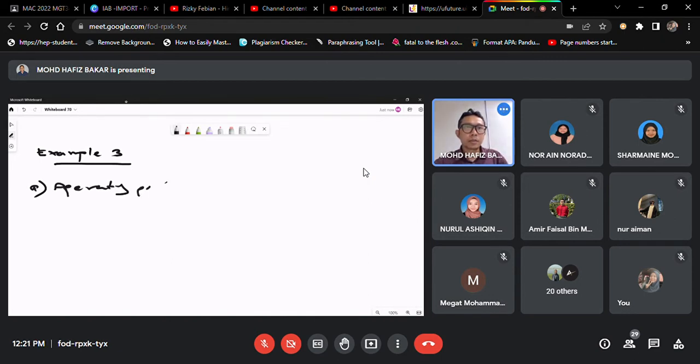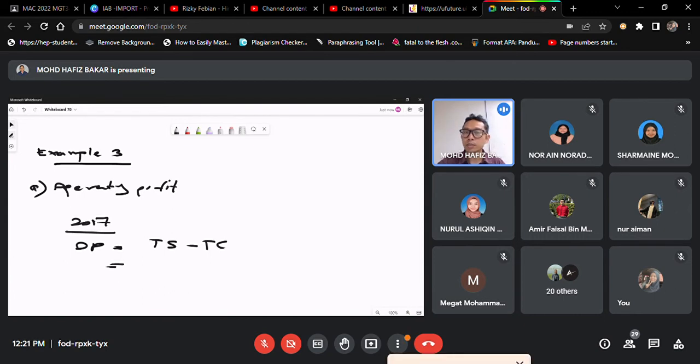Operating profit year 2017, total sales minus total cost. Total sales kalau ikut dalam table tu, actually is 1,200,000 tau. Kalau macam 100 kan, but you need to times 1,000.